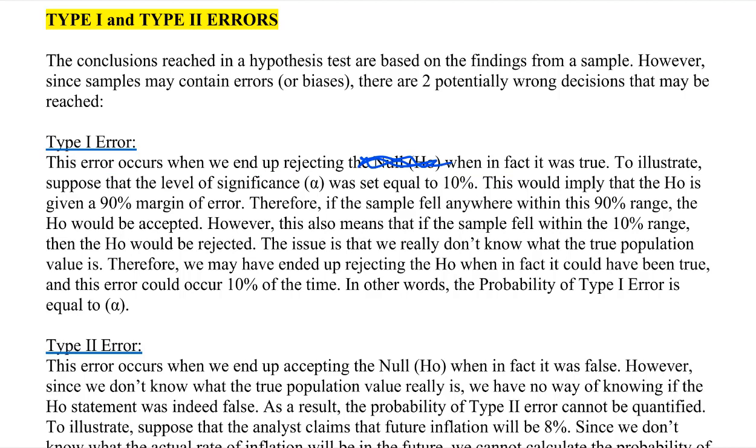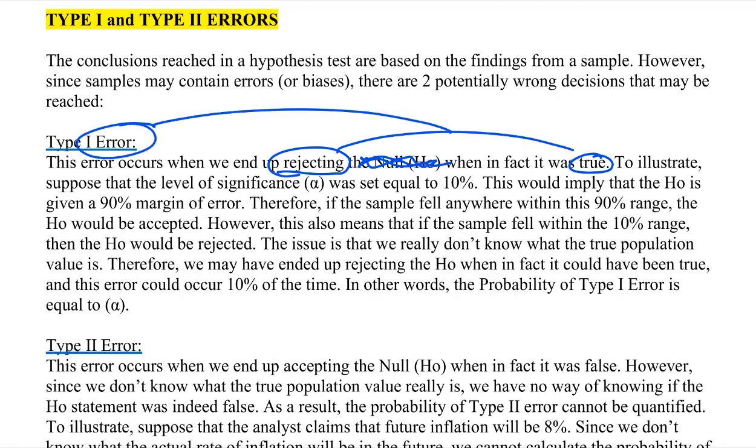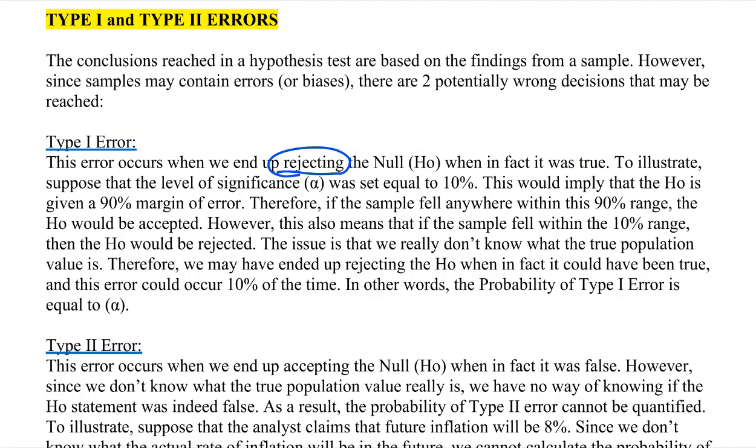Suppose we don't know anything about hypothesis tests. When you reject something when it was true, those are the only two words that I need. You rejected something that was true. Of course that's an error, right? So again, we have to dumb this down to the lowest common denominator so that we can make sense of it.